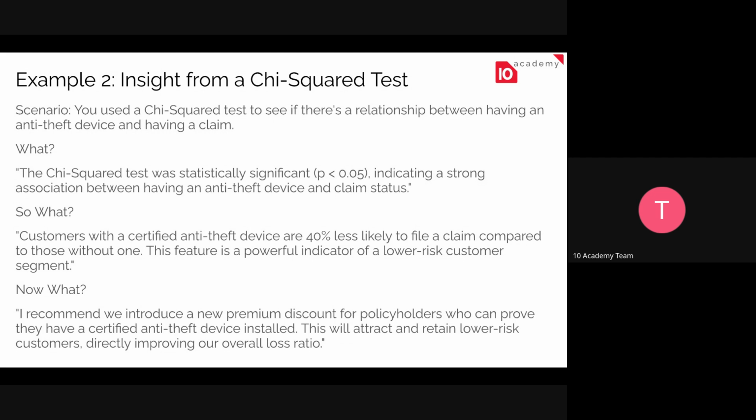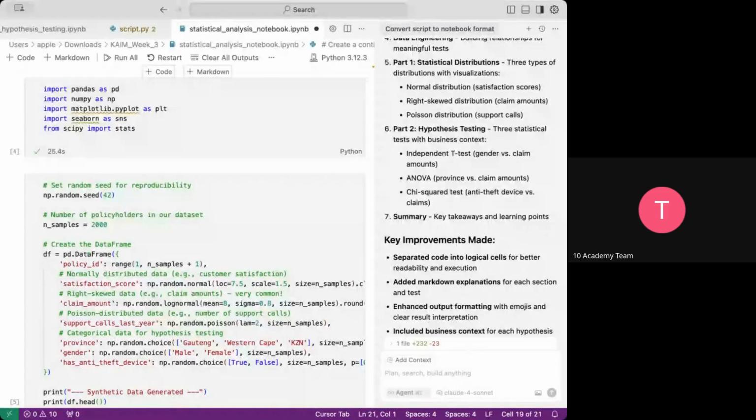Because I think the example is very related to, let me just bring this one. Can you see it, guys? Sorry.